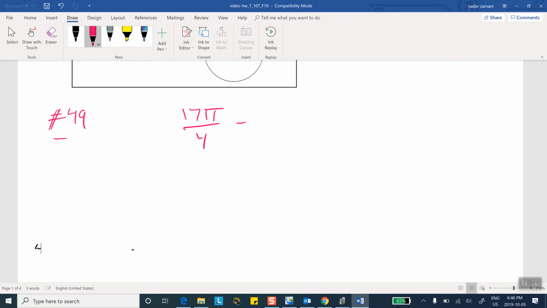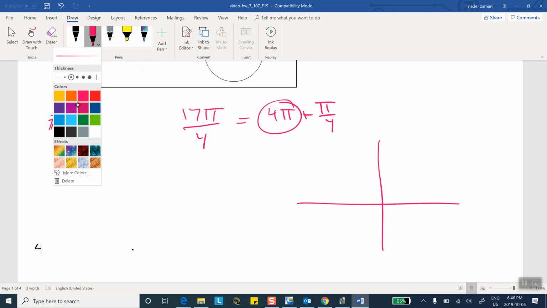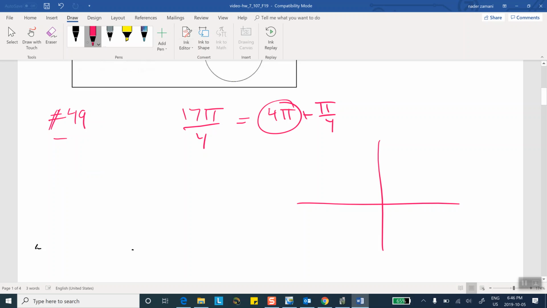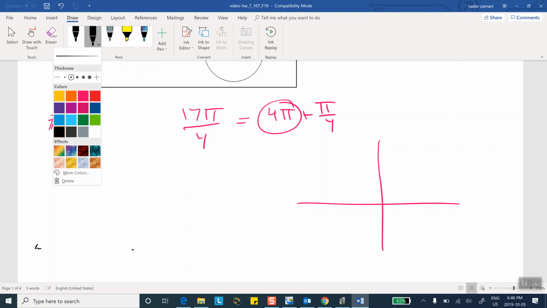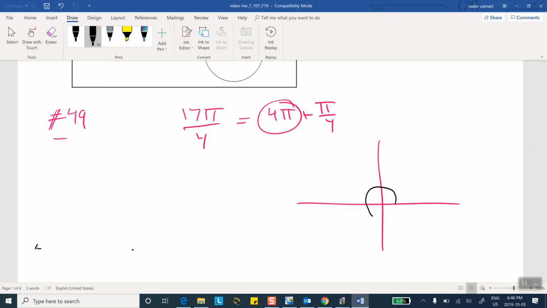I'm going to write this as 4 pi plus pi over 4. The angle given goes around the circle twice. You start here, you go once, that's 2 pi. You go another cycle, that's 4 pi, plus pi over 4. So right there is the terminal angle.